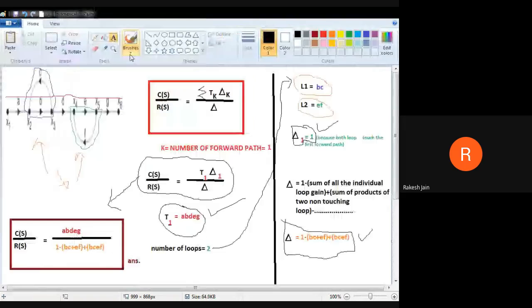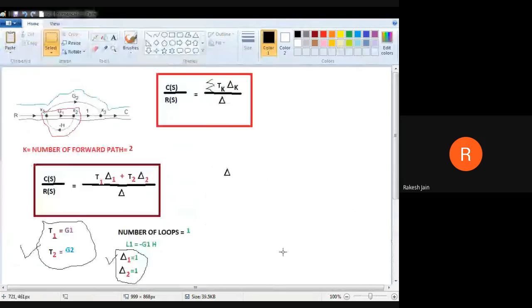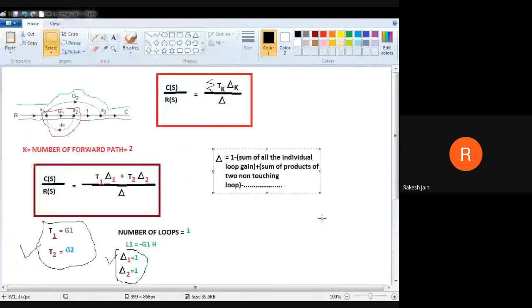I just copy the formula from the previous question which I just taught you. Del is equal to 1 minus the sum of all the individual loop gains plus the sum of products of two non-touching loops minus the sum of three non-touching loops and so on.